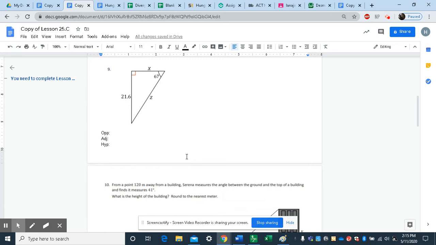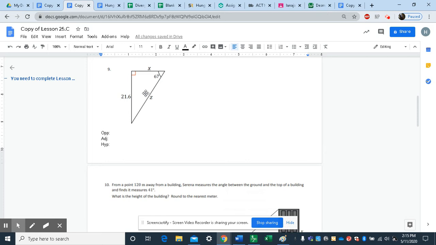So now, going on to the next one. For the next one, we see that our marked acute angle is 67. So then we're going to come back over to 25B. And the angle measurement that matches the 67 is triangle ABC, that first example. So now we're going to apply our knowledge of that first example to what we're given.